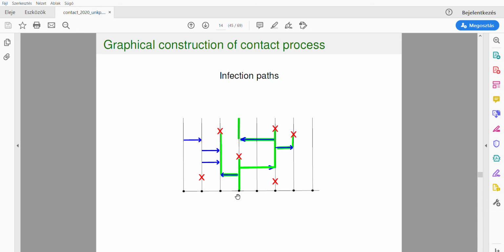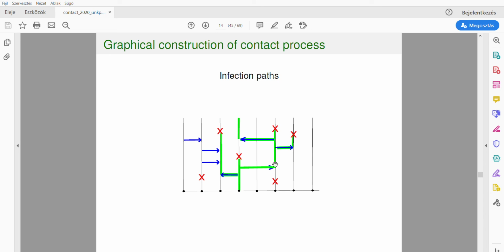So this way you can define infection paths, and let's say if this guy was infected at time 0, then for example, this was the first time when both of these guys became infected, and so on. But then there was a recovery mark, so then this guy is no longer infected.